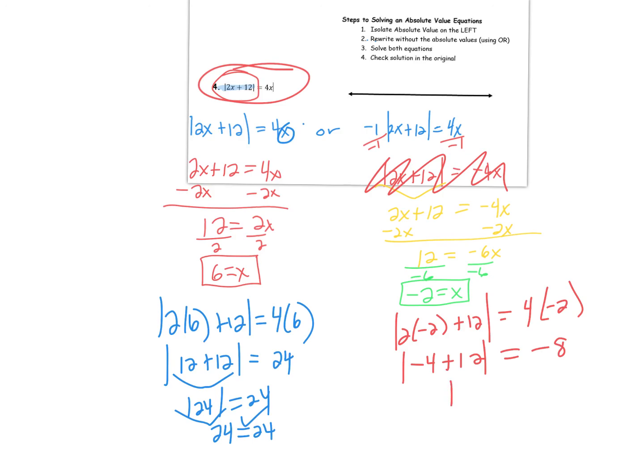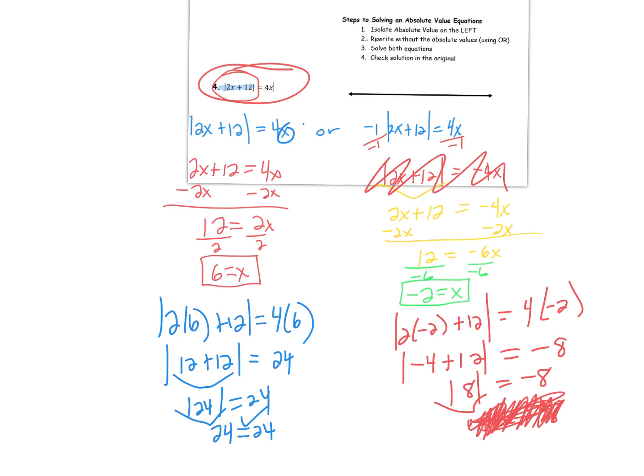Absolute value, negative 4 plus 12 is 8, equaling negative 8. Evaluate, 8 equaling negative 8. Uh-oh. Does 8 equal negative 8? The answer is no. So again, this is an example where this equation lied to us. It gave us a false answer, so we had to throw it away.